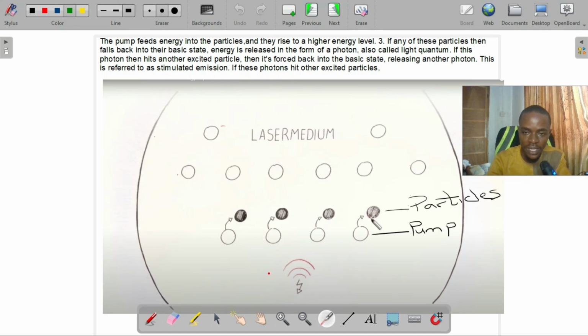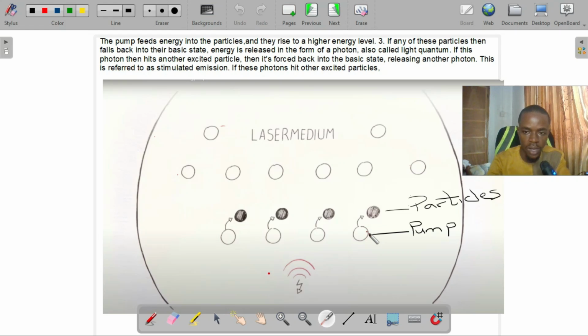And if these particles then fall back to their basic states, after the pump has filled energy into them, that is where, once they fall back to the basic state, a photon is released.